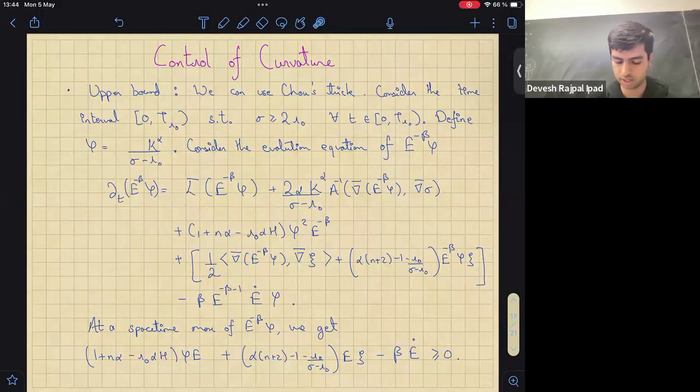Okay, so if I look at a space-time maximum of this quantity, for which we calculated the evolution equation, we get a multiple of this original quantity. I've canceled out the powers of E. So phi, some multiple multiplied by E, some constant E times psi, minus beta times the derivative of the entropy.